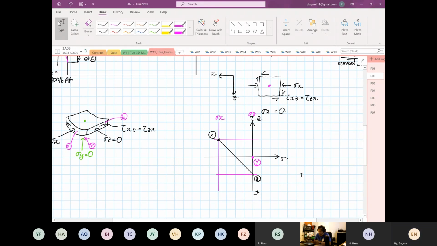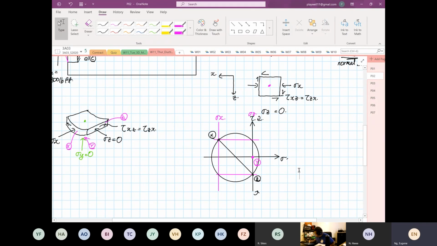So this is our Mohr circle. On the Mohr circle, I draw a straight line. Okay, so this is one of our Mohr circles.